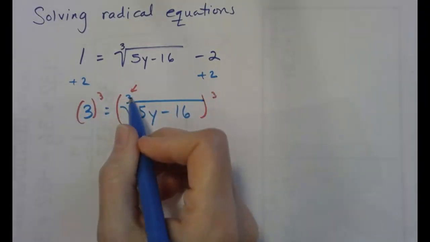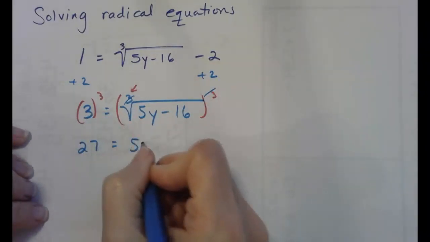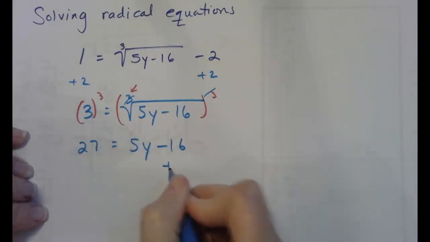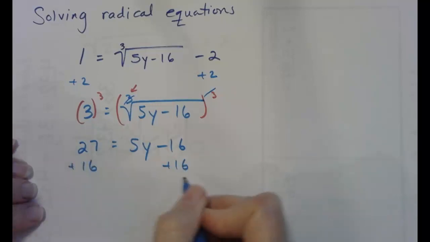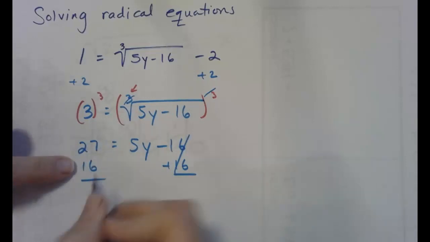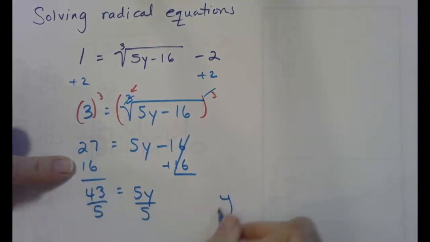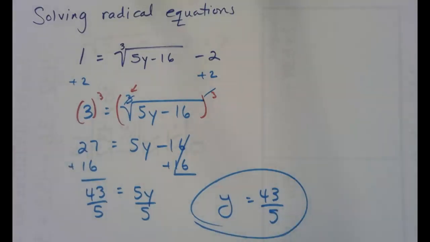The cube undoes the cube root. 3 cubed is 27. And then just solve. 27 plus 16 is 43. There we go.